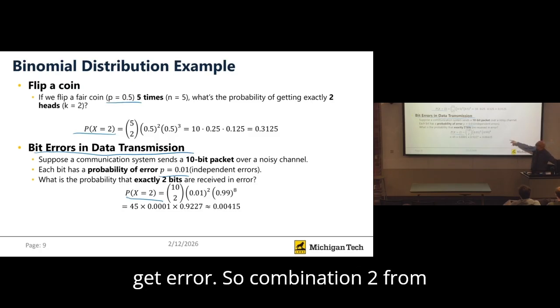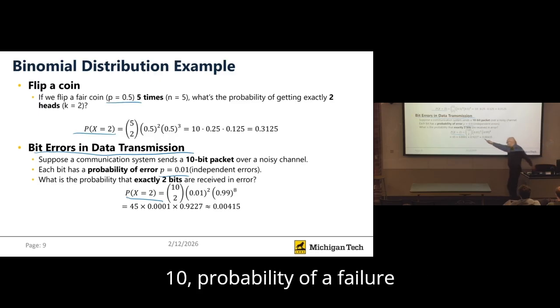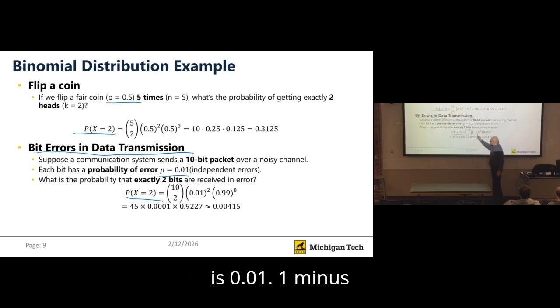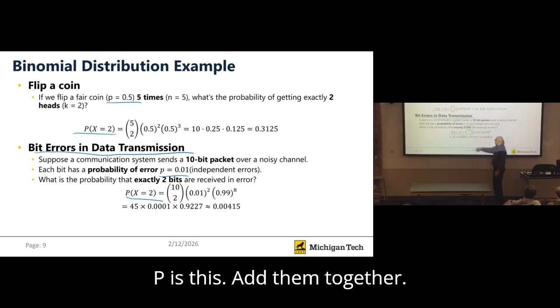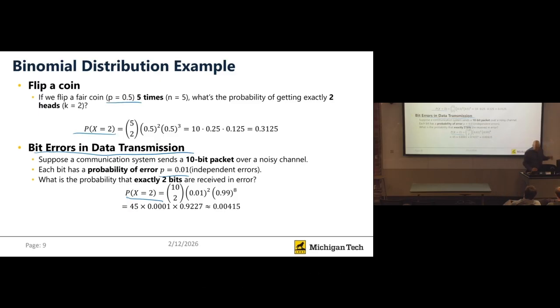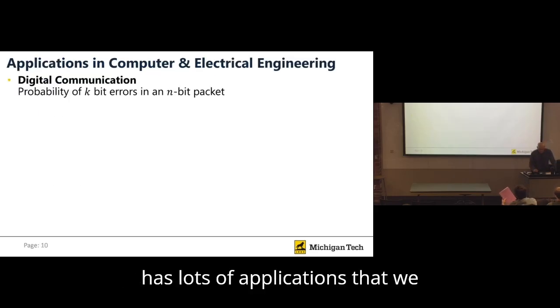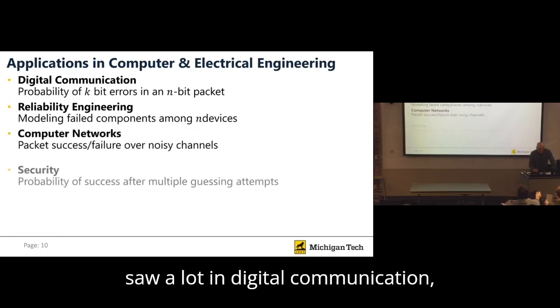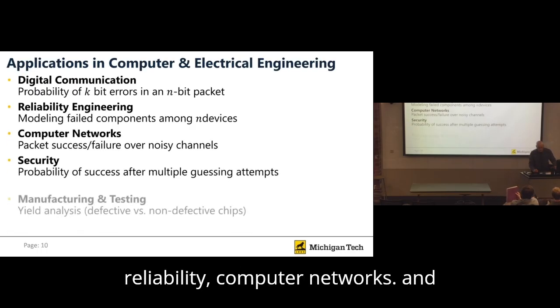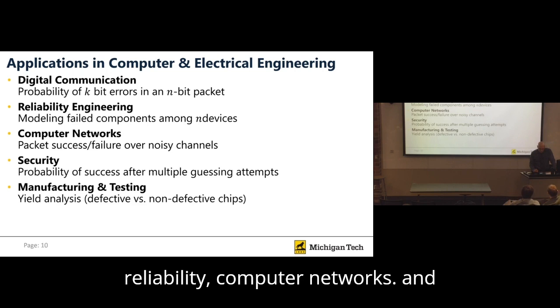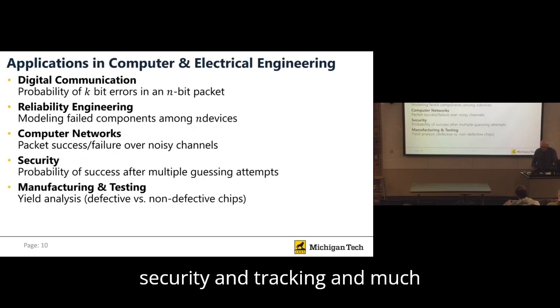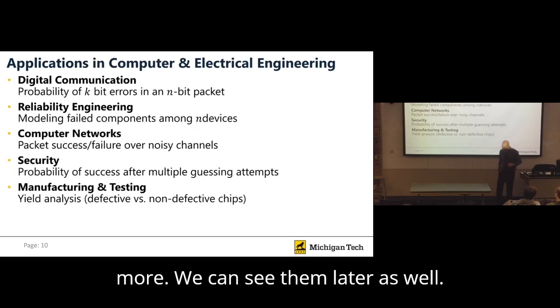So combination 2 from 10, the probability of a failure is 0.01, and 1 minus p is this. Multiply them together. That's it. This has lots of applications that we see a lot in digital communication, reliability, computer networks, security, tracking, and much more. We can see them later as well.